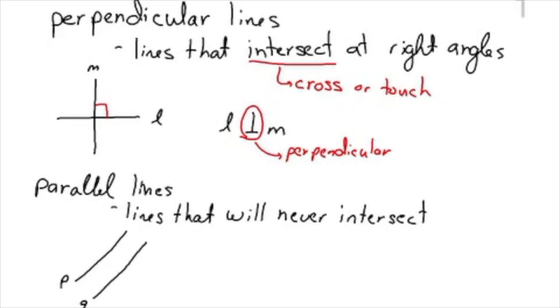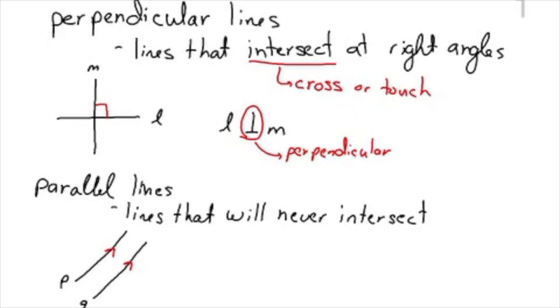In a picture, the way they will show it, just like the red box for the perpendicular, is they'll put two arrowheads on the two lines to show that they are parallel. Even though the picture may not look like they're parallel, you may look at the picture that I drew and say, well, those look like they'll cross.